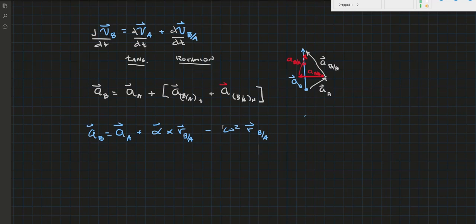And then we just multiply omega squared times R of B with respect to A. This is for planar. This is a planar analysis.